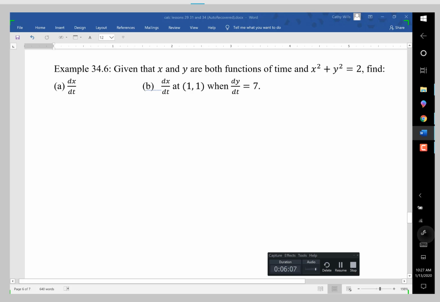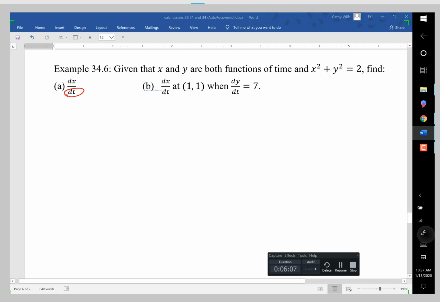Okay, so this is the last example, and this one's a little different. It's hard to understand the graph of it, but we'll just do it algebraically and just follow the process. All right, so given that x and y are both functions of time, and x squared plus y squared equals 2, find dx/dt. All right, so now we're going to use implicit differentiation, and this time we'll divide everything by dt. All right, that's all that means.